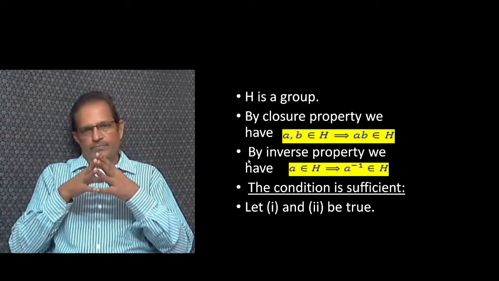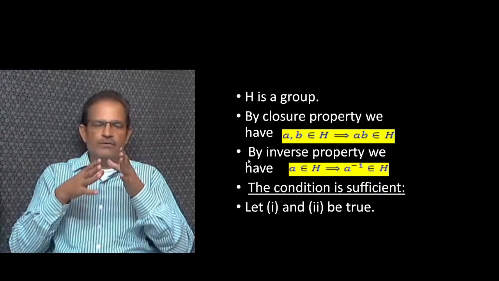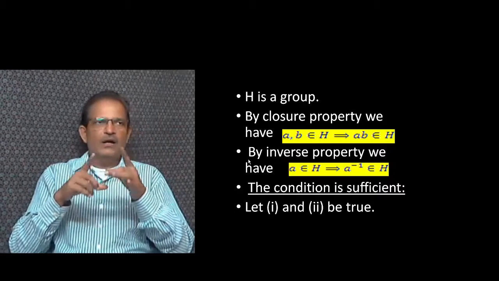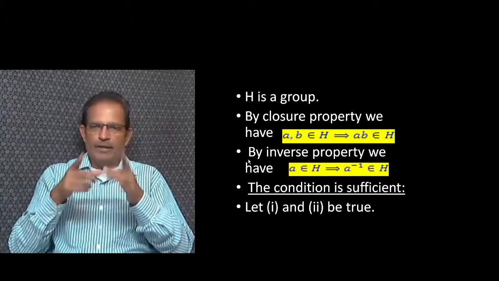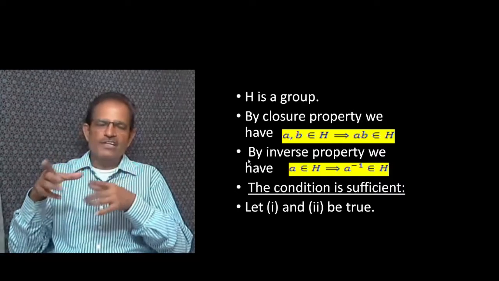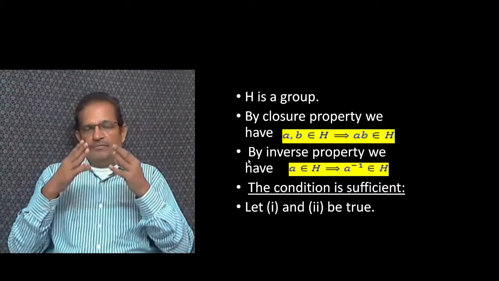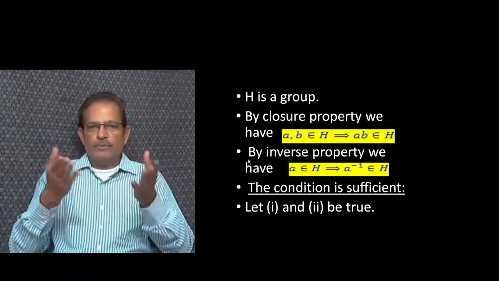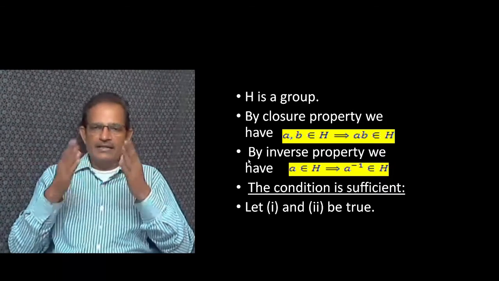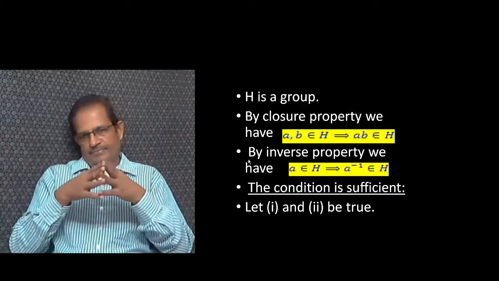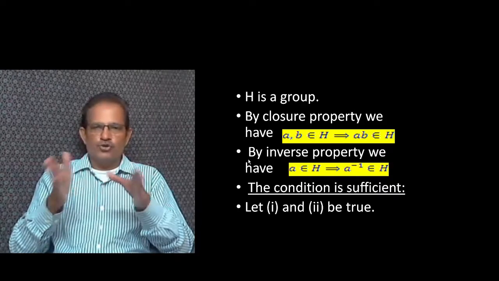is a group. So by closure property we have A, B belong to H implies AB belongs to H. Because H is a group, closure property is satisfied, and that itself is the first condition. So the first condition is true.